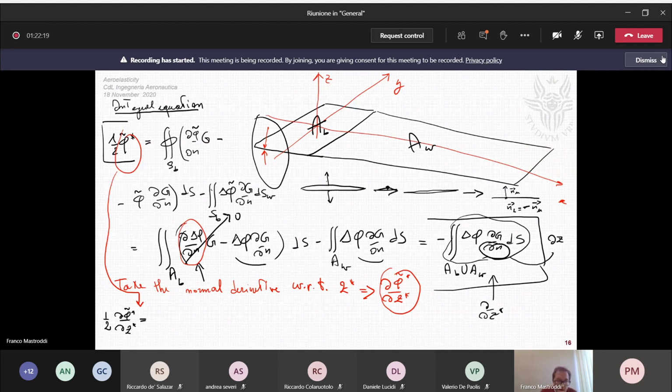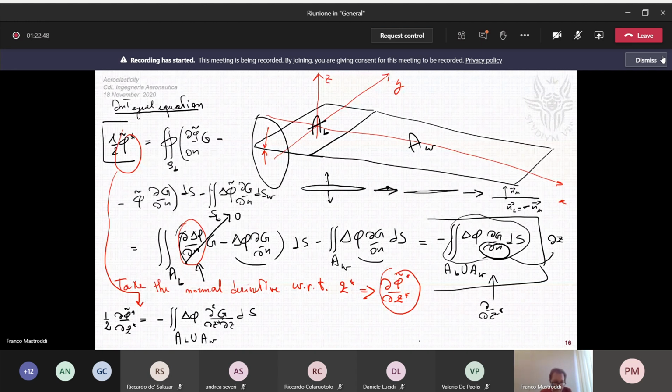Therefore, we have minus the integral on the body surface and wake surface, with no dependency of delta phi on the zeta star quantity, but a double derivative of G, one time with respect to zeta star and another time with respect to zeta.